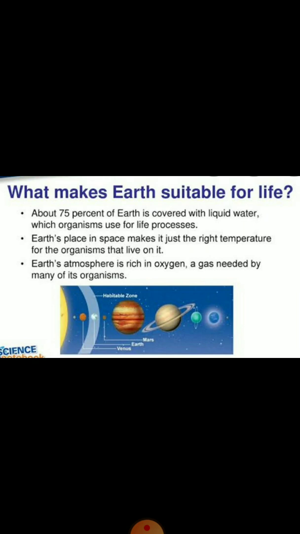On the other hand, the outer planets experience extremely low temperatures. Life therefore cannot exist on these planets. On Earth, we have a moderate average temperature of 22 degrees Celsius, which is neither too hot nor too cold. This temperature is just suitable for the existence of life.